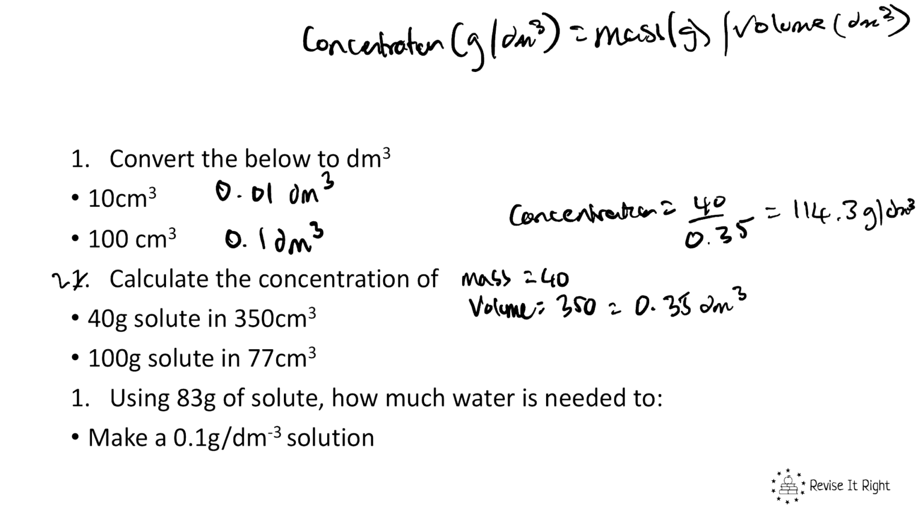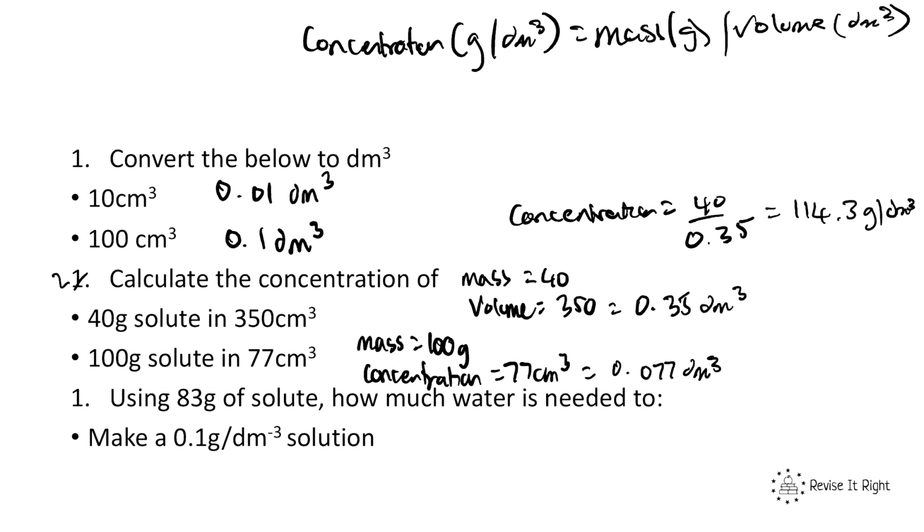And then question B in this particular one, so we have a mass of 100 grams, and again we have a volume of 77, but it's given to us in centimeters cubed, so we need to convert that. So 77 divided by 1,000 gives us 0.077 decimeters cubed.